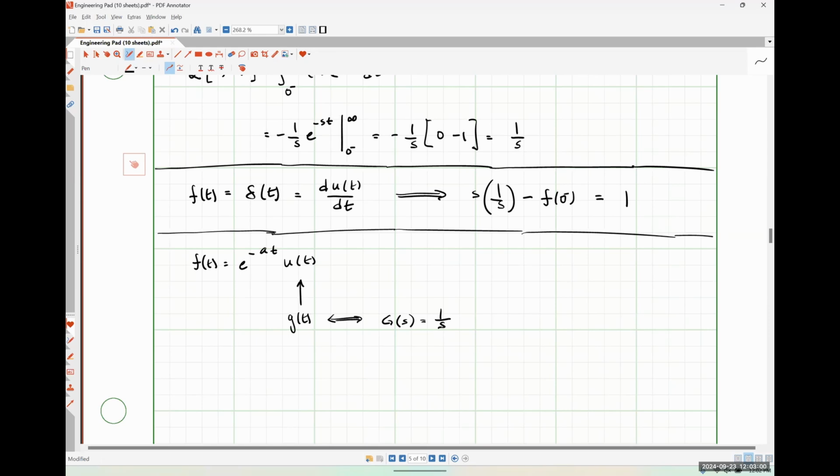I would just replace s with s plus a, because my time domain signal is multiplied by a factor of e to the negative at. So from that, F of s is just 1 over s plus a, just using the frequency shifting property of the Laplace transform.